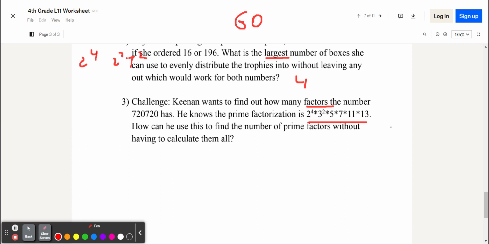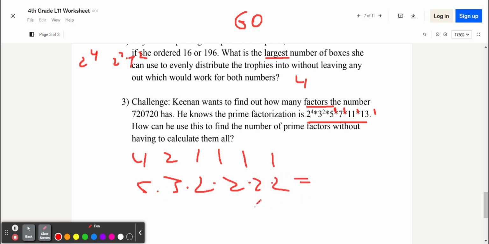But there's actually a special trick to finding this, which would be if you add 1 to each of the exponents, let's pretend there's a number exponent 1 here, 1, 1, 1. You can add 1 to each of these exponents. So we have 4, 2, 1, 1, 1, 1. And then we'll add 1 to get 5, 3, 2, 2, 2, 2. And then you can multiply all of these together. And then that will be the number of factors you have.